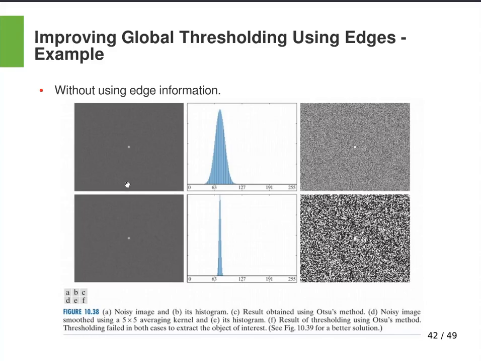Do you think it improves the result? Let's just see. The first image was noisy. This image is the result of smoothing the original image using a 5x5 averaging kernel. And as you can see in the histogram, the width is a bit narrower for the peak related to the background, but still you don't see any peaks for the pixels in the object.